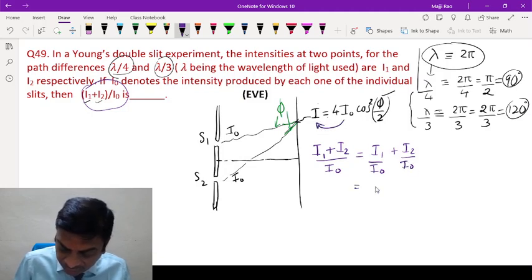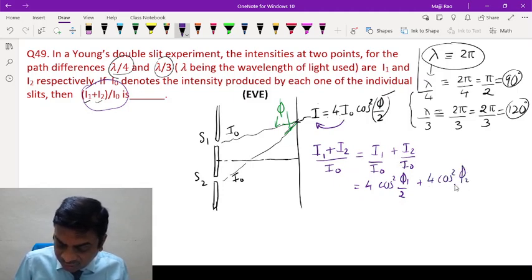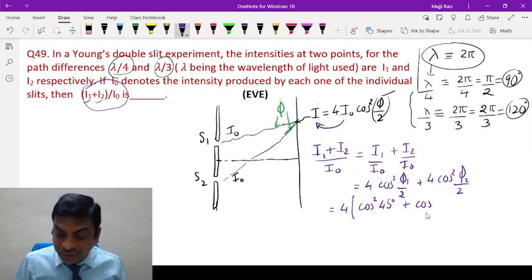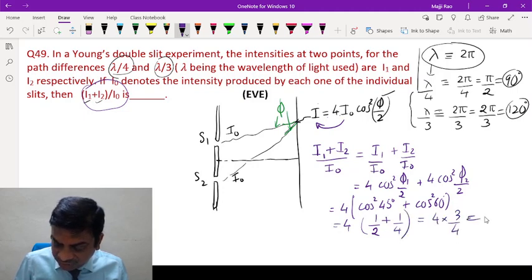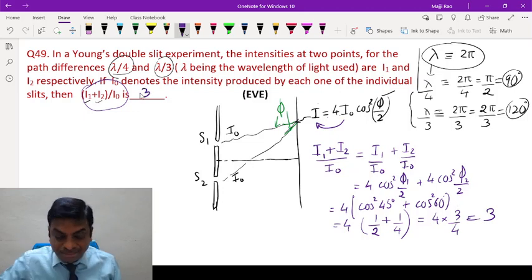So I1 by I naught is 4 times cos square phi 1 by 2, whereas I2 by I naught is 4 times cos square phi 2 by 2. So here phi 1 is 90, so 90 by 2, that is 45 degrees, and here phi 2 is 120, half of it is cos 60. So this will be half and this will be 1 by 4, that is 4 into 3 by 4, which is 3. So correct option is 3.